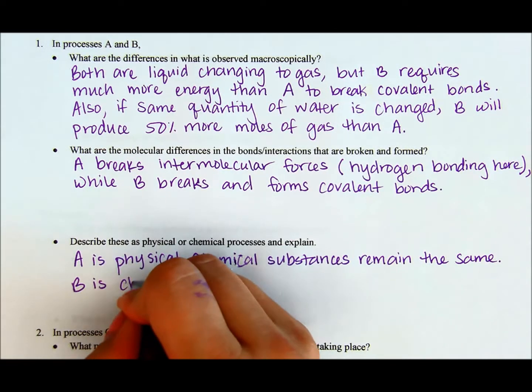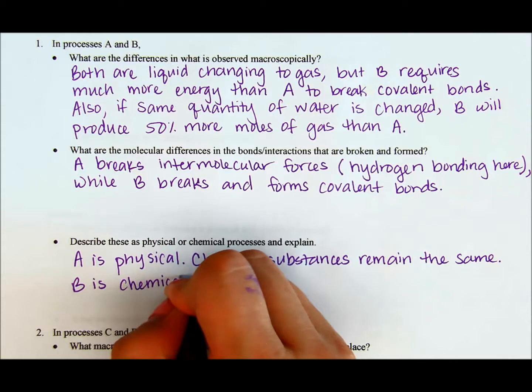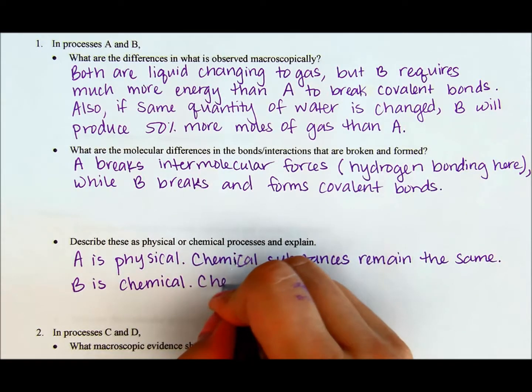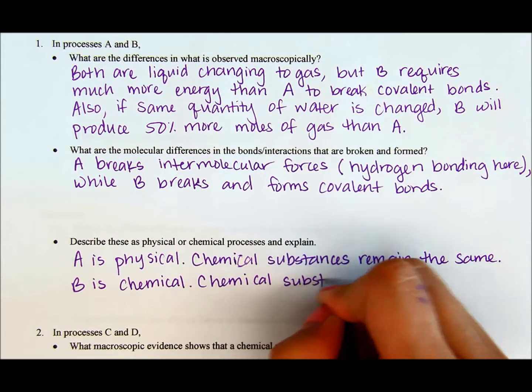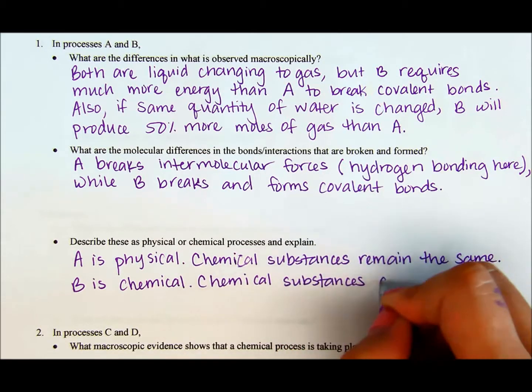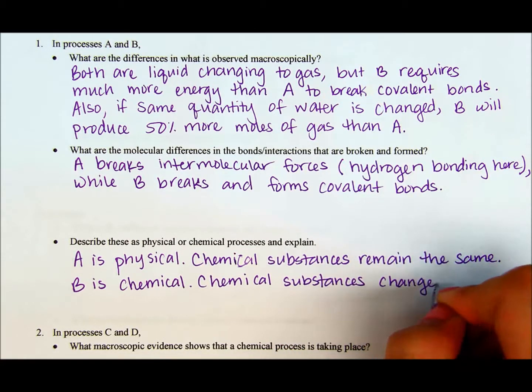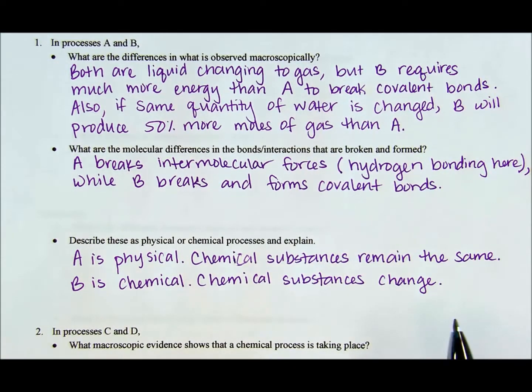B is chemical. Chemical substances change. So they change. In this case, it again is from H2O to H2 and O2 gas.